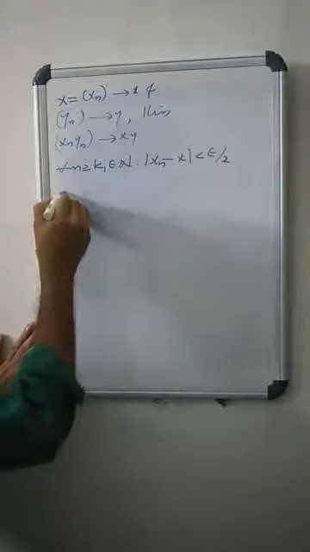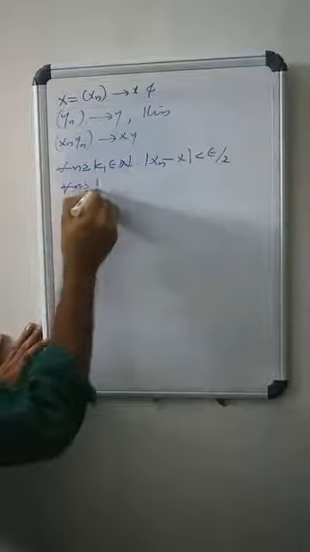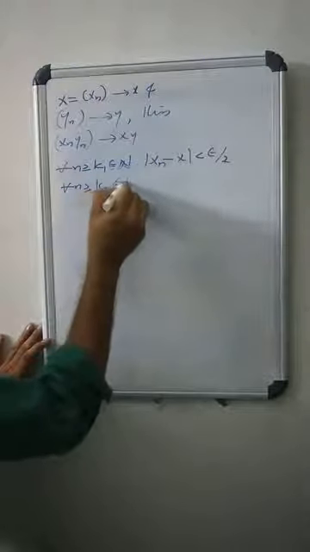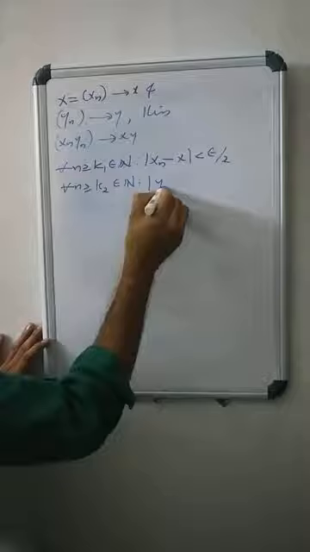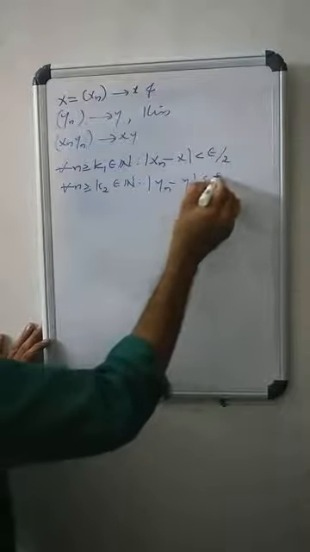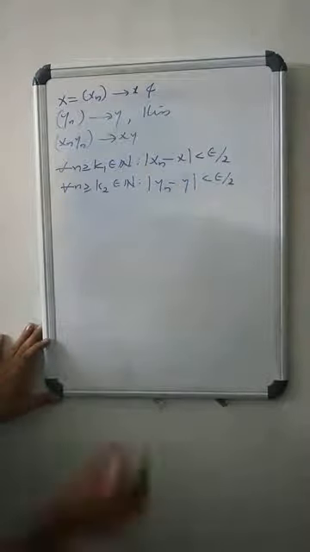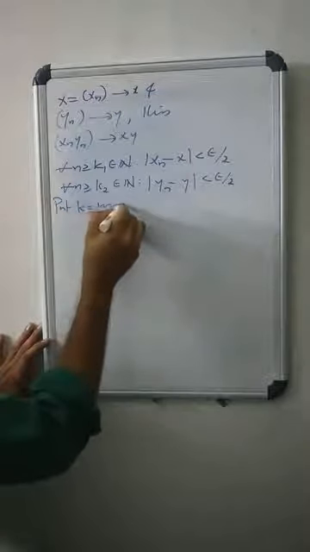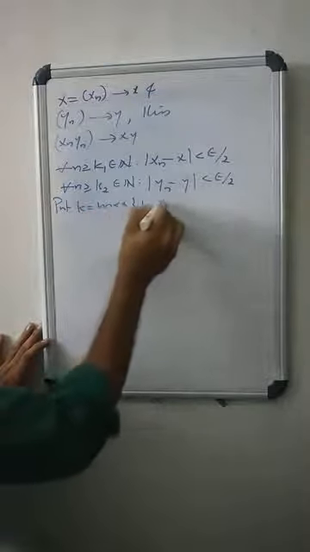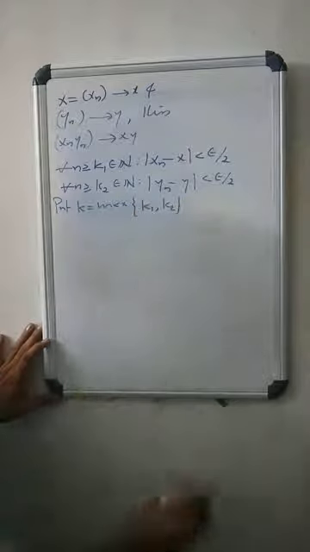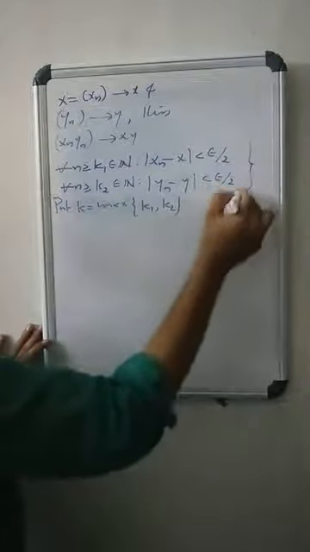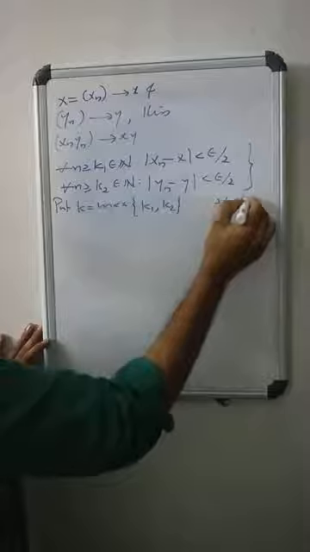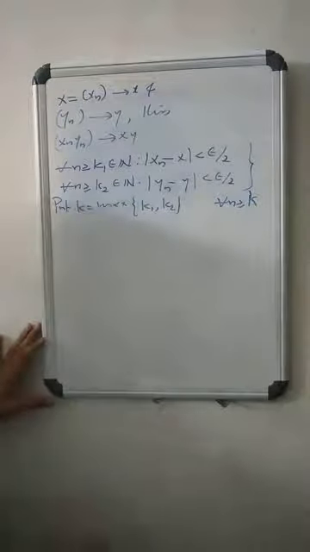And again, yn converges to y means for all n greater than or equal to k2, modulus of yn minus y is strictly less than epsilon by 2. Put k equals maximum of k1 and k2; then these two results hold for all n greater than or equal to k.